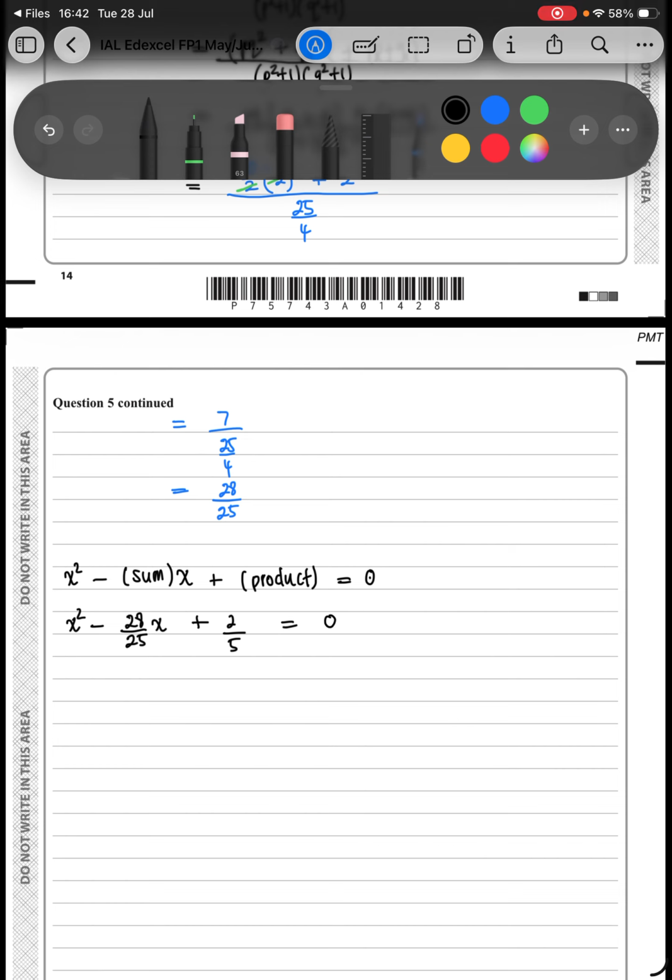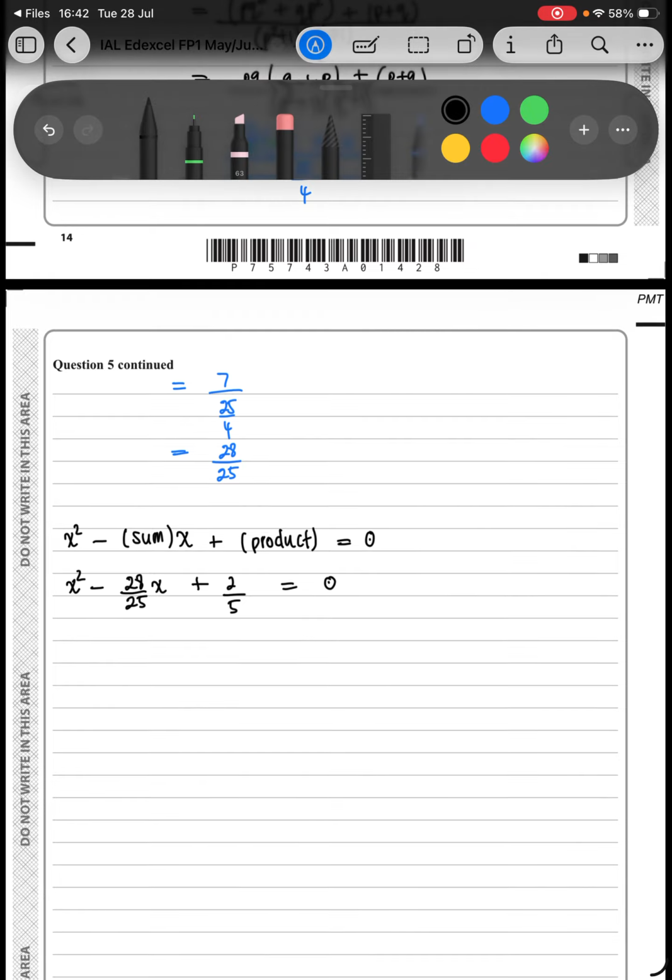And now we simplify this to an expression where the coefficients of x squared and of the x and the constant are all integers and not fractions. So the common multiple is 25, so we multiply all the coefficients by 25. So 25 multiplied by x squared and 25 multiplied over here and 25 multiplied by here.